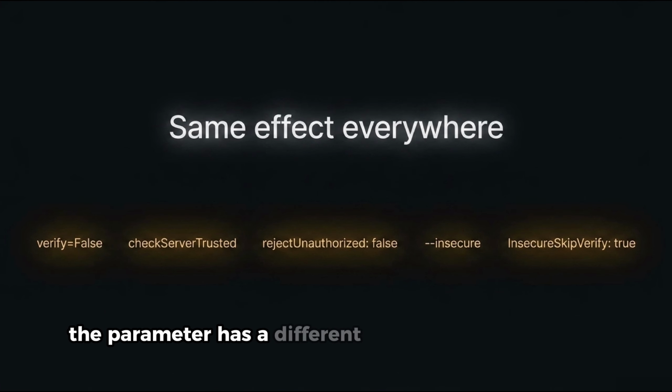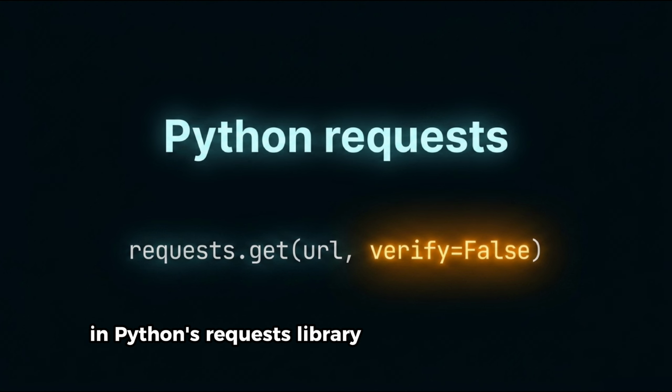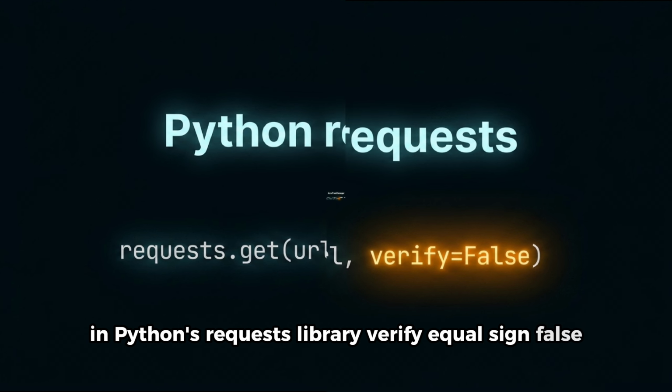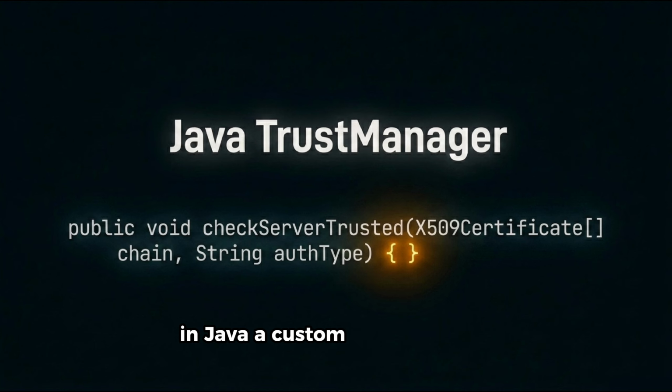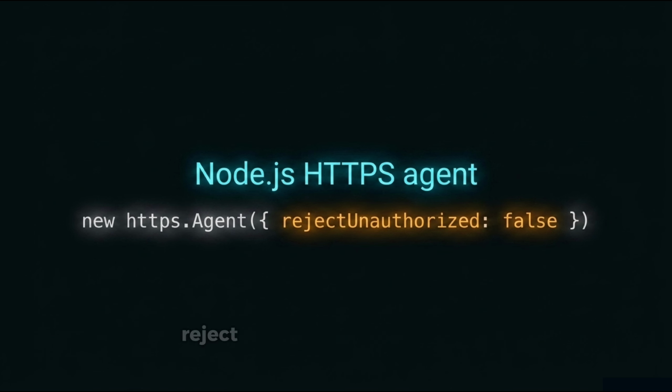The parameter has a different name in every language, but the same effect in all of them. In Python's requests library, verify false. In Java, a custom trust manager that overrides checkServerTrusted with an empty method body, accepting every certificate unconditionally. In Node.js, rejectUnauthorized set to false in the HTTPS agent options.